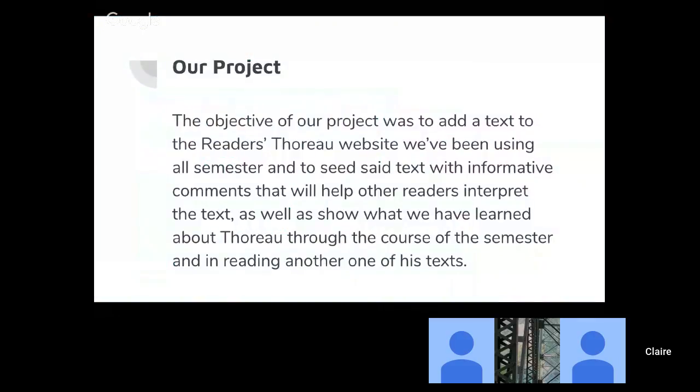The objective of our project was to add a text to the Reader's Thoreau website, and we were supposed to add informative and interpretive comments to this text. The purpose was to show our interpretation of the text and to guide readers in their reading of it, but also to show what we've learned about Thoreau through the course of the semester and in reading another one of his texts.